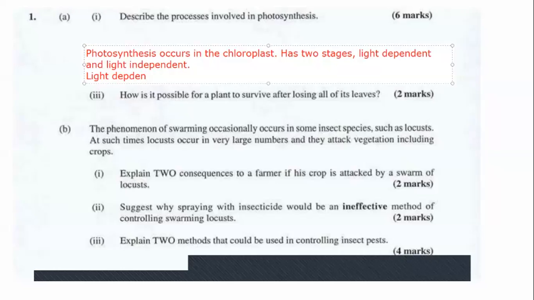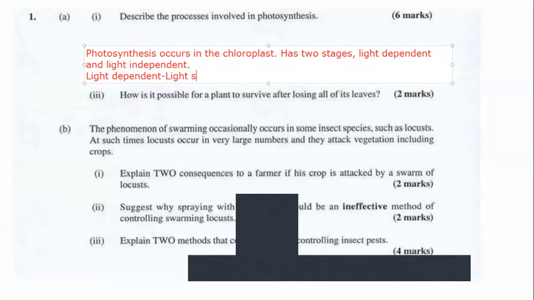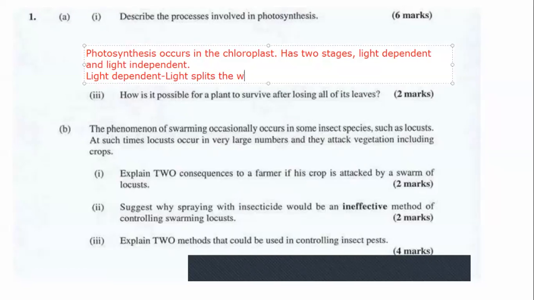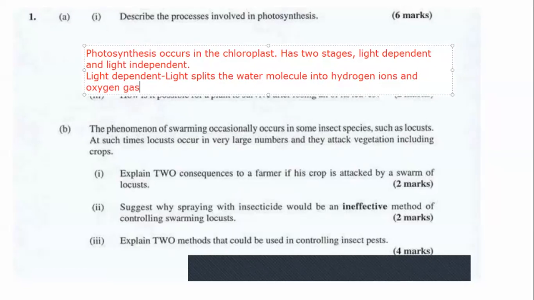The light splits the water molecule, the water bonds, into hydrogen and oxygen. Hydrogen and oxygen, yeah. Beautiful. All right, that's light dependent.